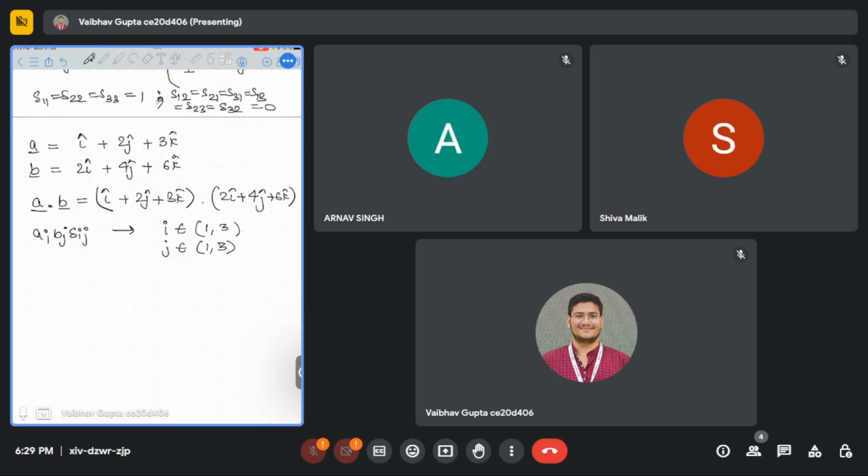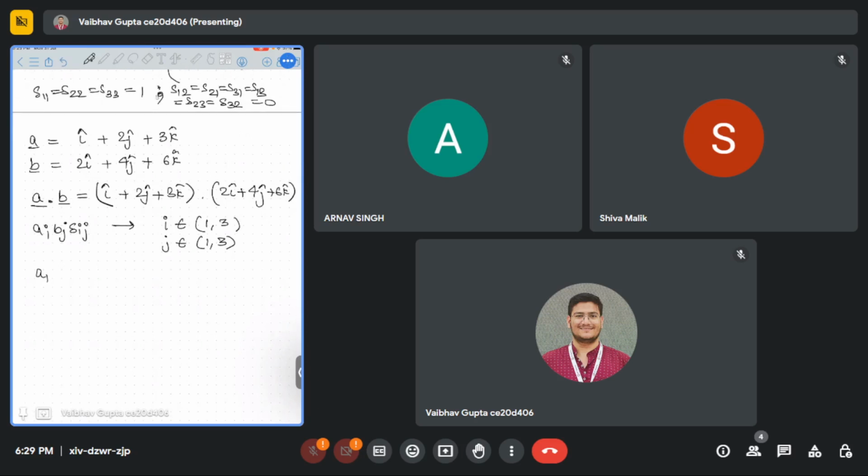So we'll write first taking i as 1 and j as 1: A1 B1 delta 1 1, plus A2 B1 delta 2 1, plus A3 B1 delta 3 1.